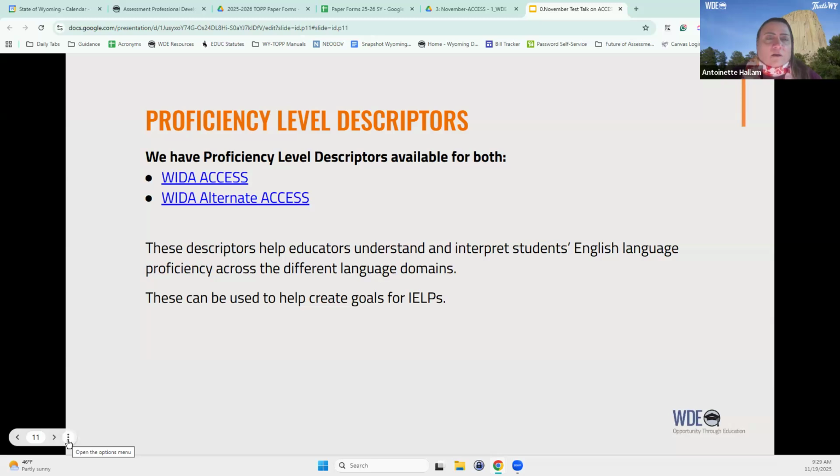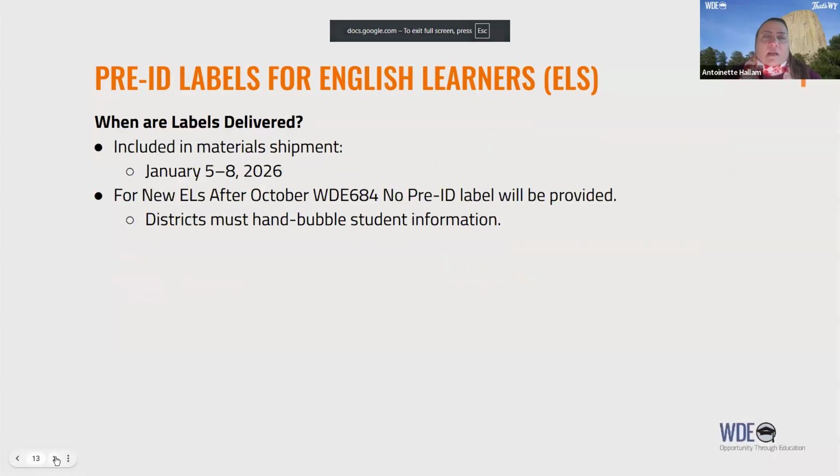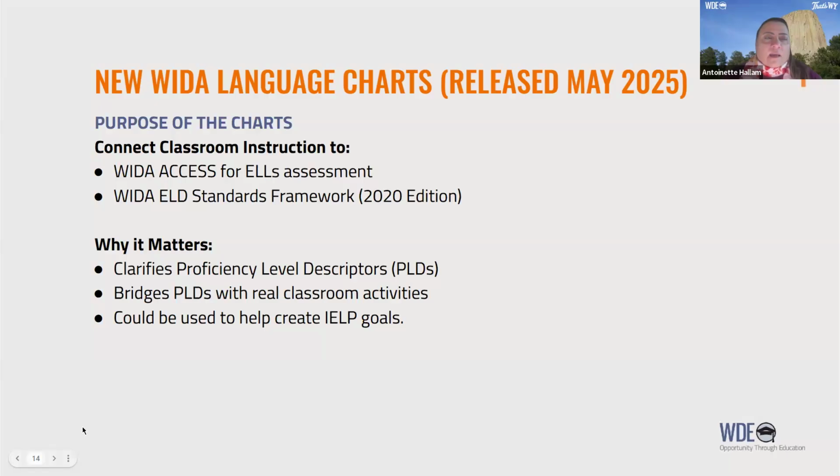And I know we just had a glance of our WIDA Alt Access also. Now, if we can also go to the other slide that talks about the WIDA language charts. This is another new resource for this year that I want to highlight as well.